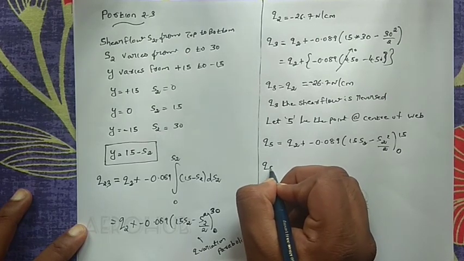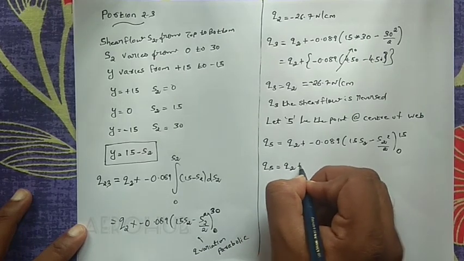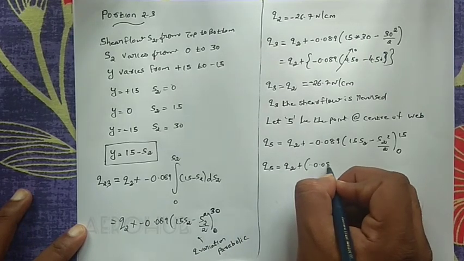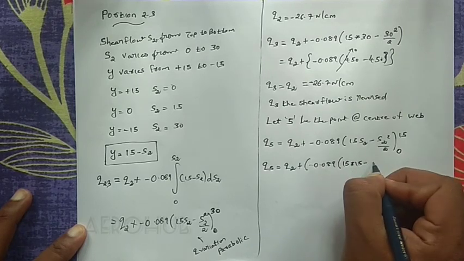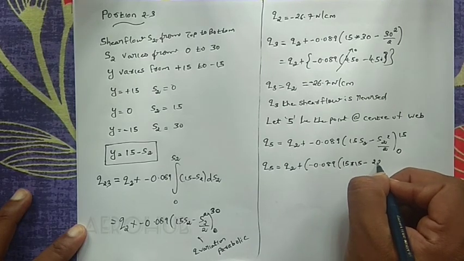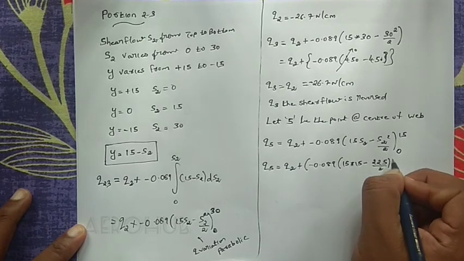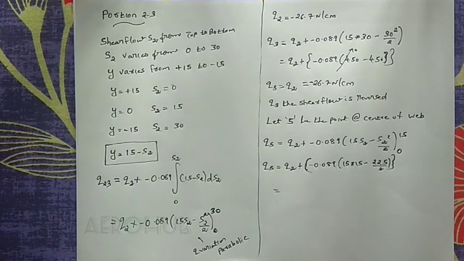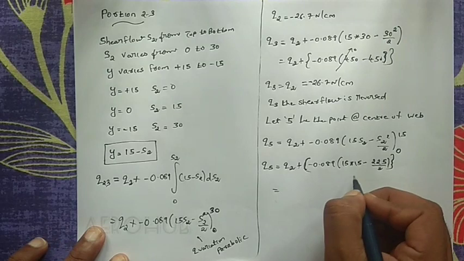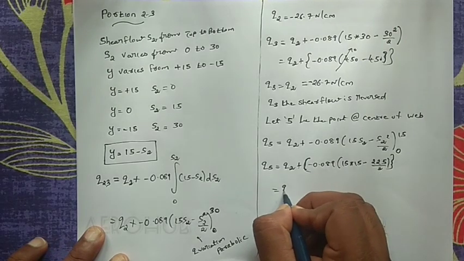So Q5 will be equal to Q2 plus minus 0.089, 15 into 15 minus 15 square, that is 225 divided by 2. When you solve the equation, I won't be getting a 0 there. So this will be 225 minus 112.5.